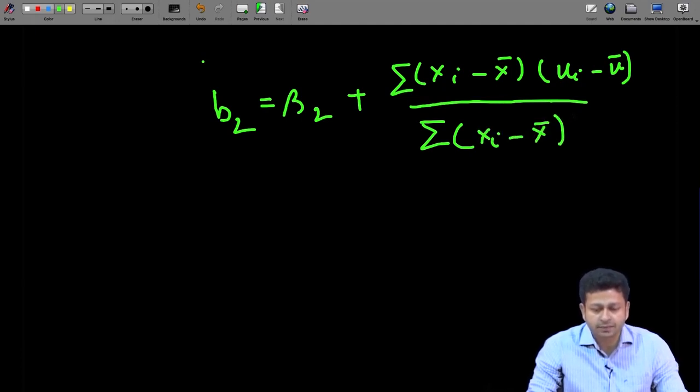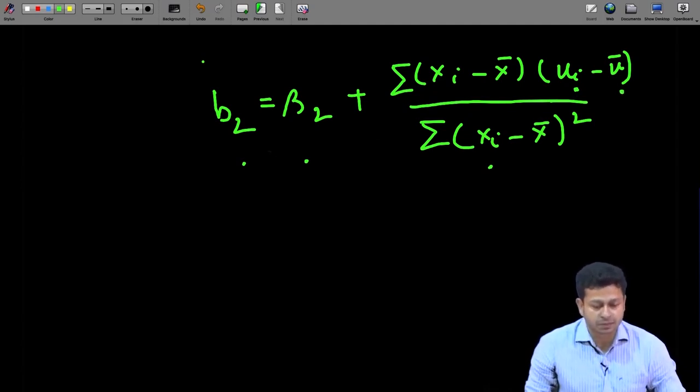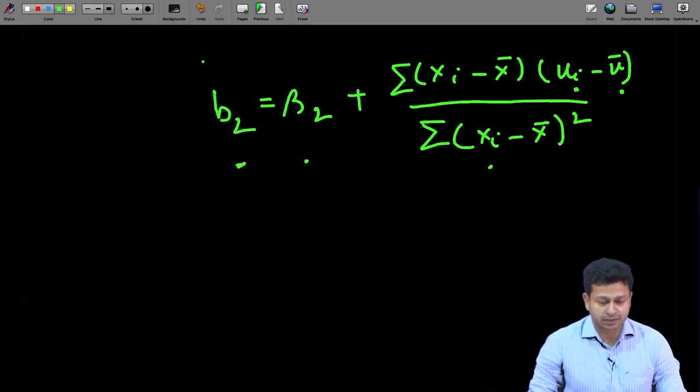So, we said that the value of B2 is actually a sum total of a non-stochastic component and a stochastic component because of the involvement of the error term here, and that is what actually gives a distribution for the B2 that we determined, right?